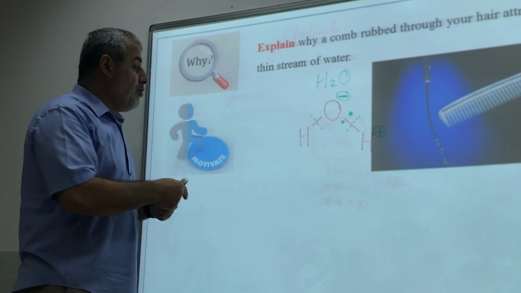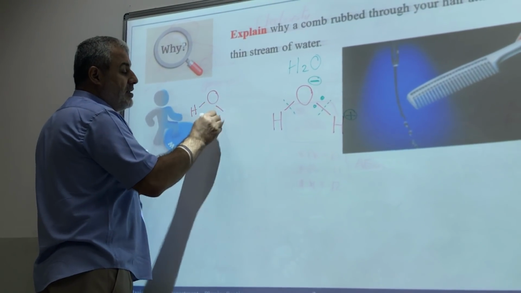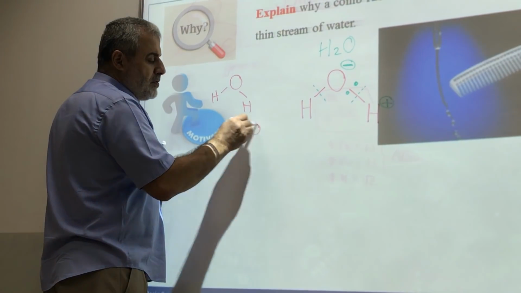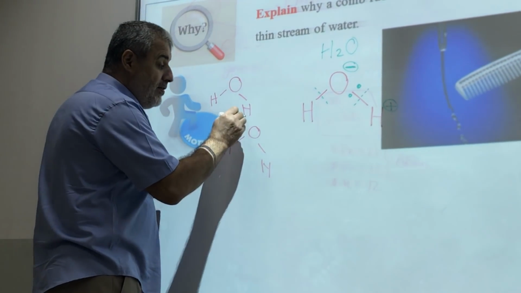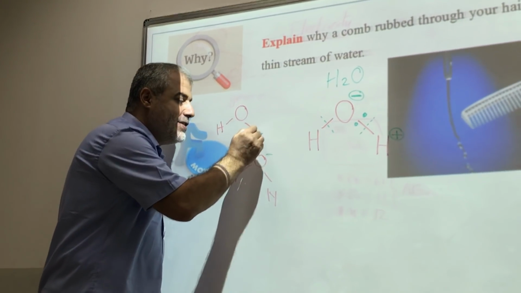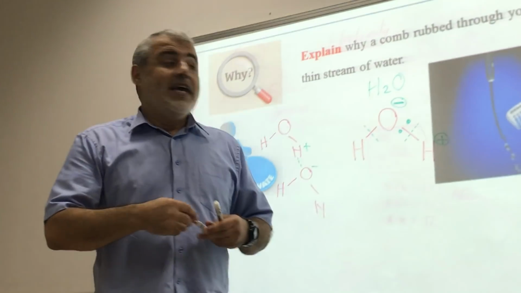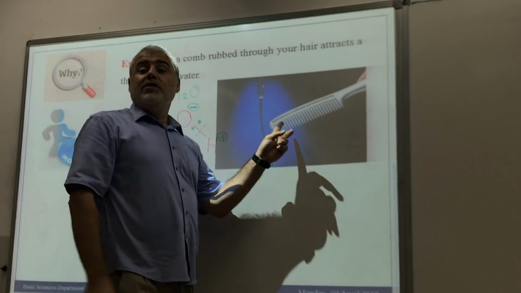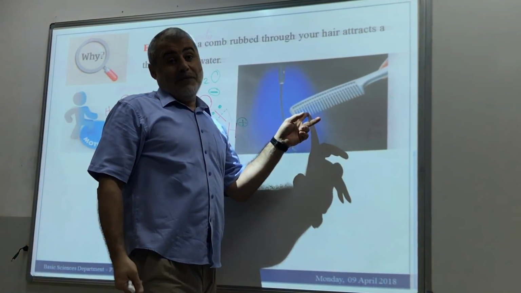And furthermore, if you have water molecules like this, I'm sure that you studied this: if there is another water molecule, there is something called a hydrogen bond between this and this. Why? Because this is already negative and this is positive, right guys? Now, first of all, when we rub the comb with our hair, it becomes charged.